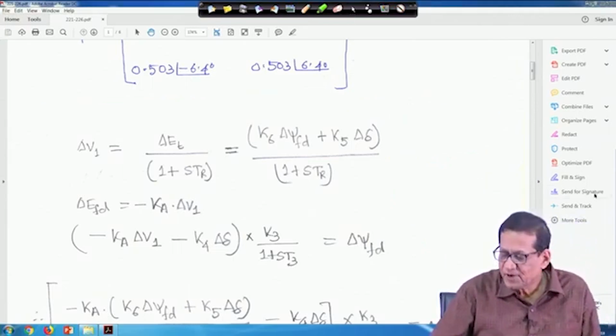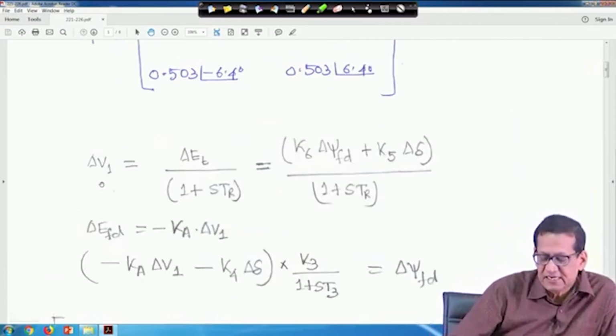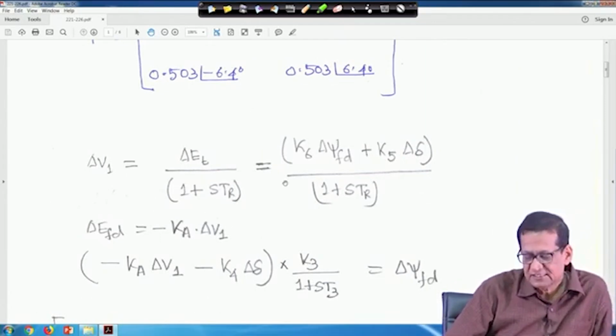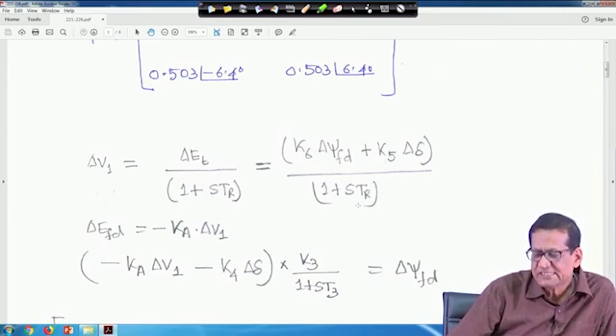So, first you find out, looking at figure 30, delta V 1 will be delta E t upon 1 plus S T r, that is K 6 delta psi f d plus K 5 delta delta upon 1 plus S T r.